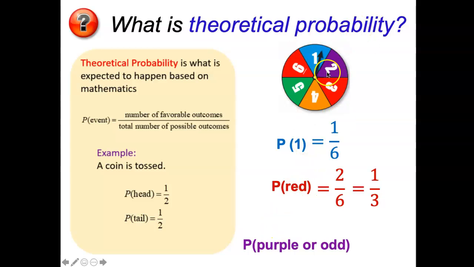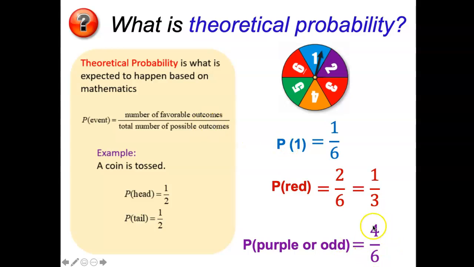Okay, and then the probability of landing in purple or an odd number. Here in the spinner we have one portion of purple, which is 2 also. So we have 1, and then odd numbers will be 1, 3, and 5. There are 3 odd numbers. So 3 plus 1, the purple, so in our numerator we will have 4 out of 6. 6 again is the total number of possible outcomes.